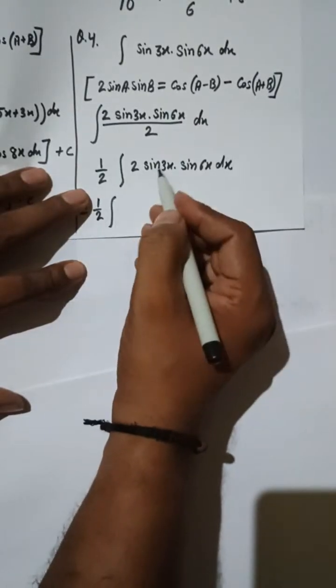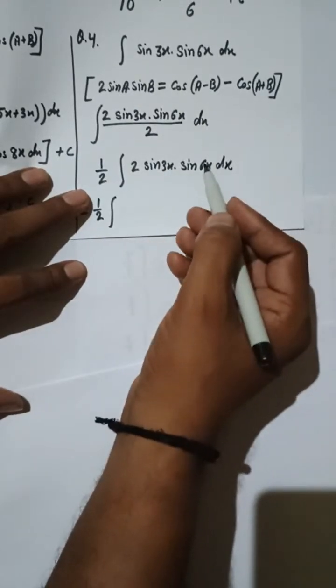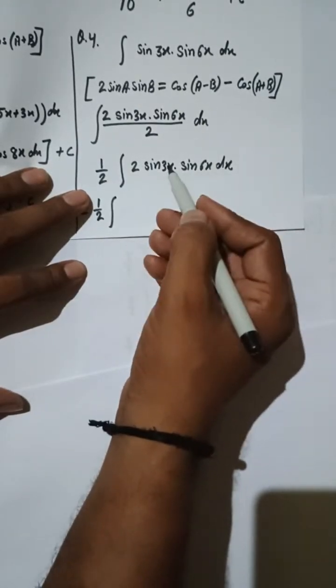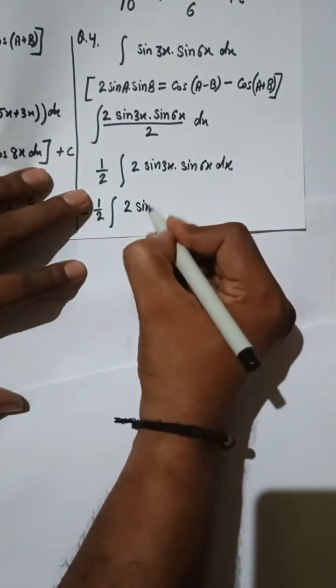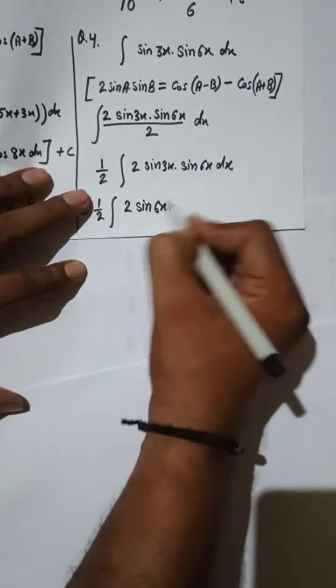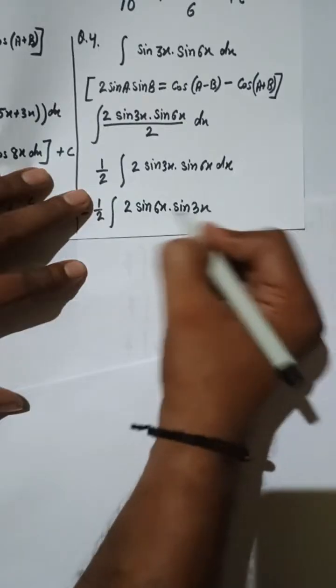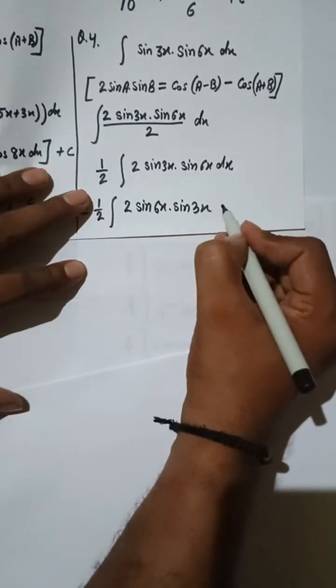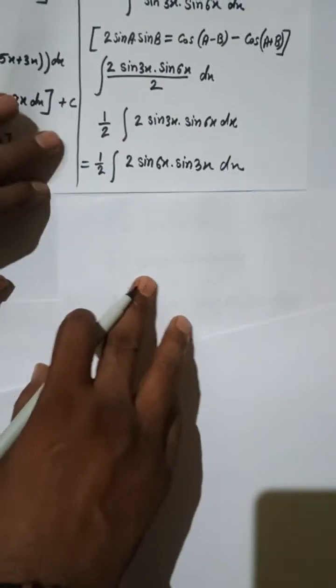Integration. Sin 6x and 3x are there. So I can consider 6x as A and 3x as B. Or I can write it this way: 2 sin 6x into sin 3x, because 6x is greater, then dx.